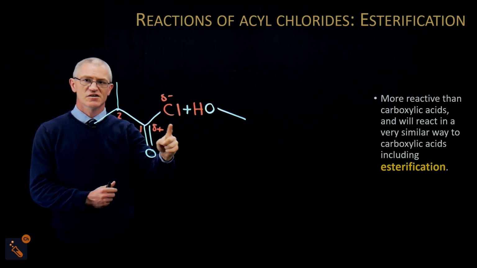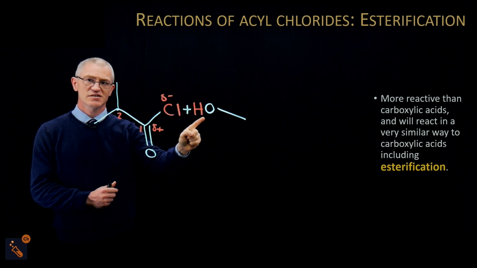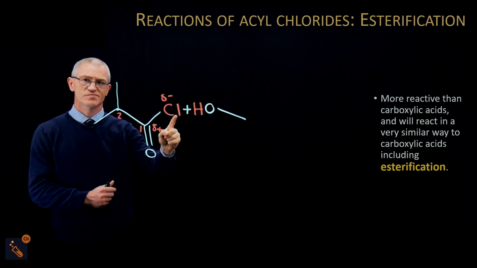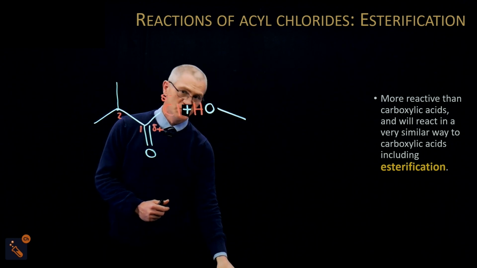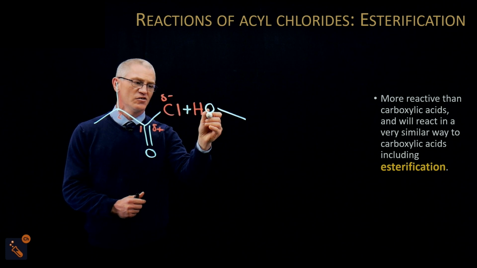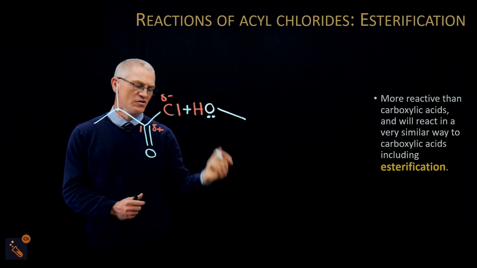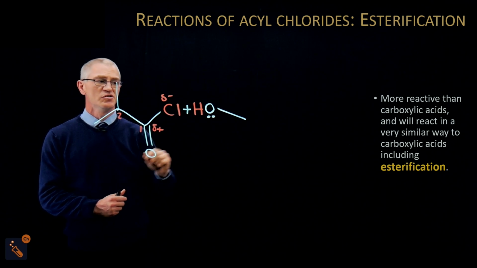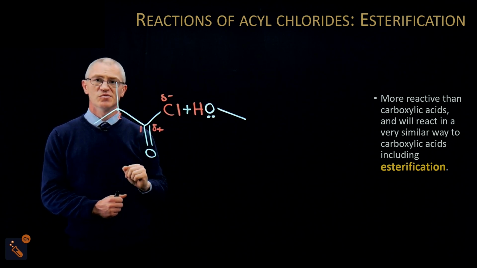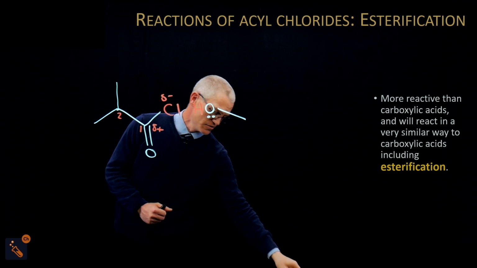The reason I've put that in red is to show you that the H and the Cl will react with each other and disappear. The lone pair of electrons on the oxygen will come in and bond with this carbon, and this oxygen will then bond with the carbon to make the ester.